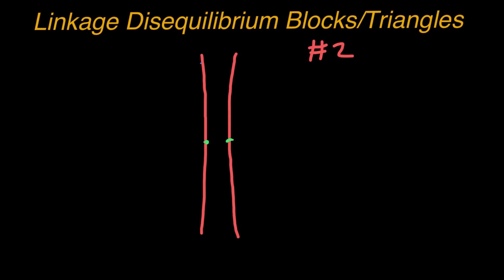Let's say somewhere here you have gene A, and on the homologous chromosome we have also gene A, but it would be a slightly different version of that gene, so we call this an allele. And let's say this is going to be small a.